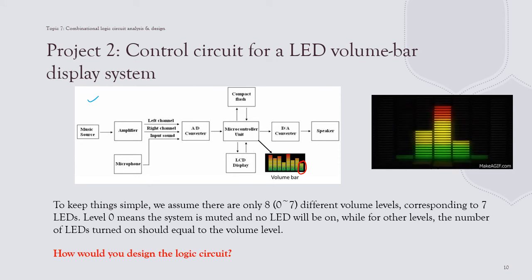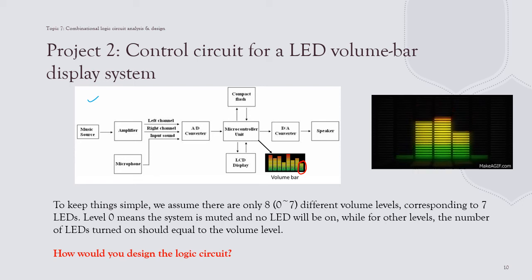Sorry, let's start over. So basically, we want to have a control circuit to control the volumes. And here, say we have 8 different volume levels. So from 0 to 7, 7 would be the maximum. Okay. To represent those 8 volume levels, actually we need only 7 LEDs. Why is it 7?